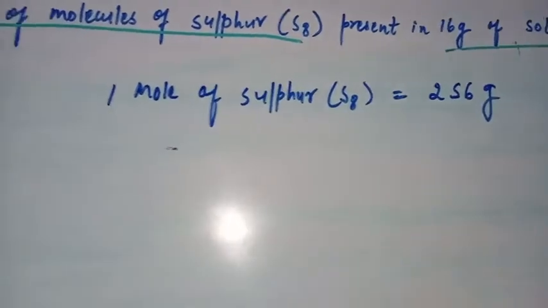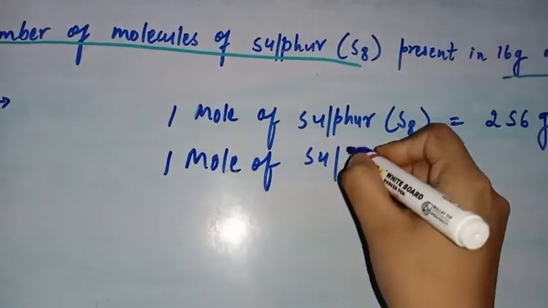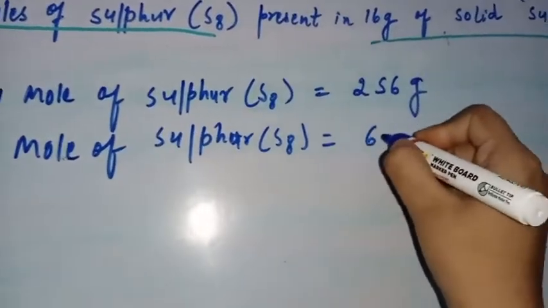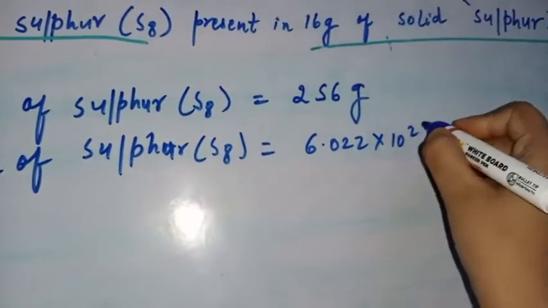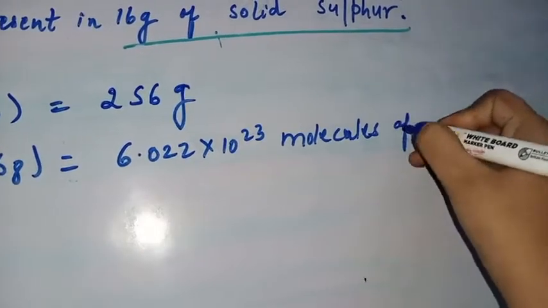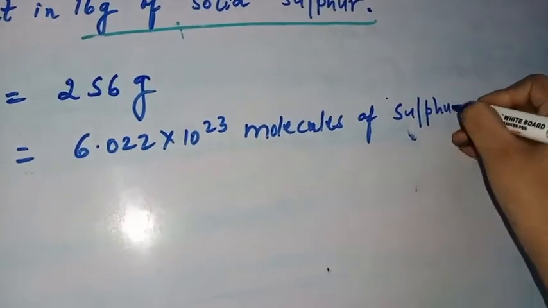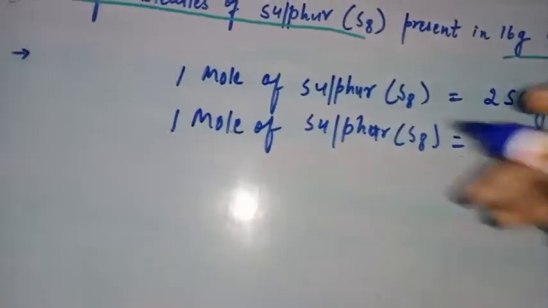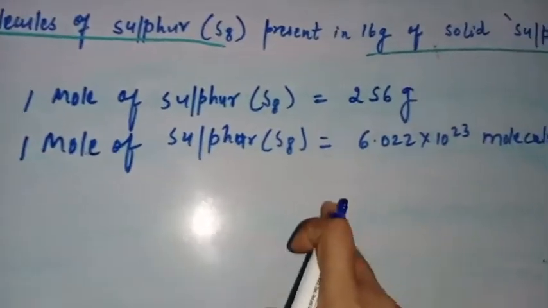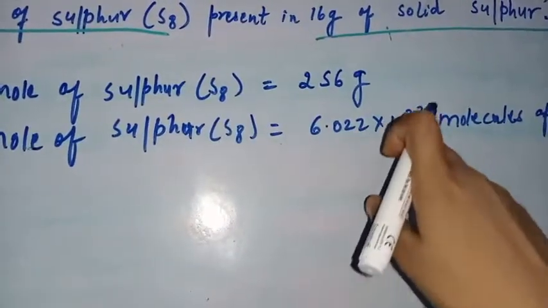We know that. Okay, and we also know 1 mole of sulfur is equal to 6.022 into 10 to the power 23 molecules of sulfur. From these two equations we can get one more equation. 1 mole is 256 gram, 1 mole is 6.022 into 10 to the power 23 molecules.